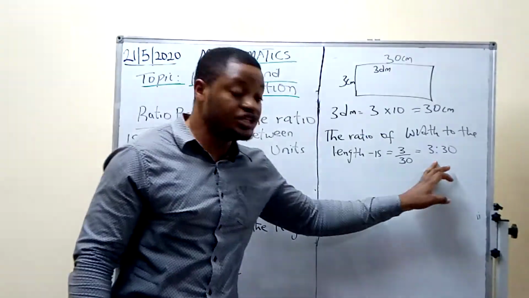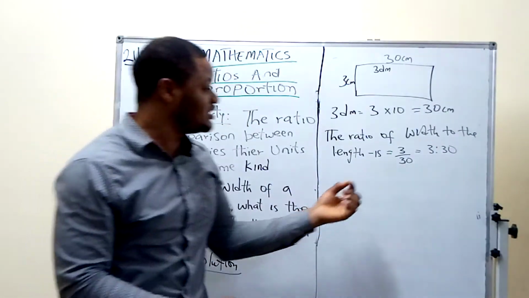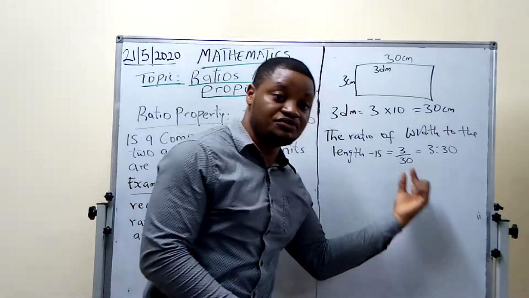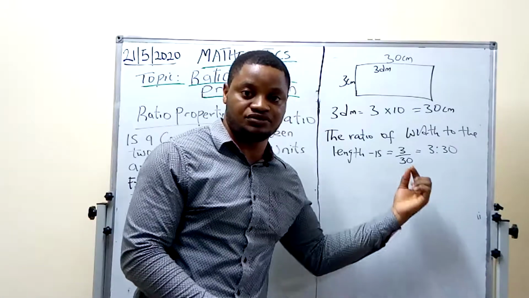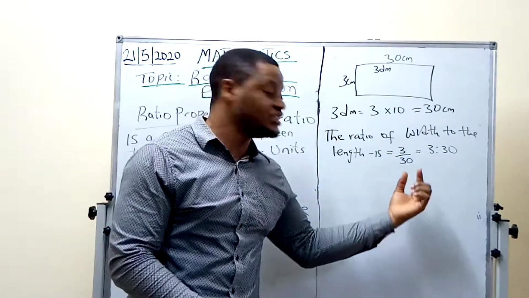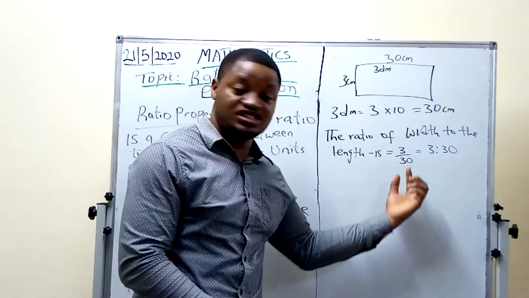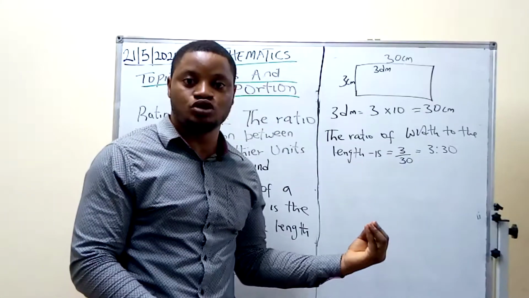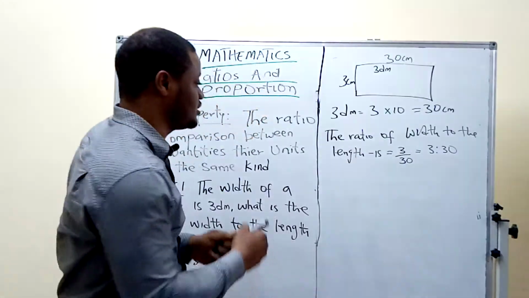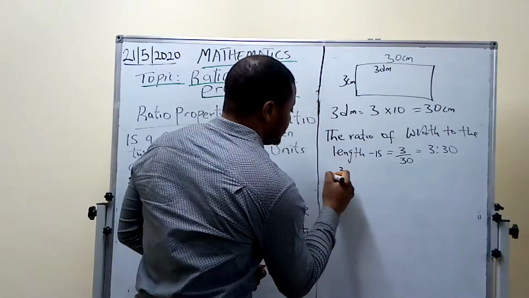If you can see, we can divide this ratio to the smallest fraction. Although this is your answer, you have to divide it to the what? To the smallest fraction. Then you continue.